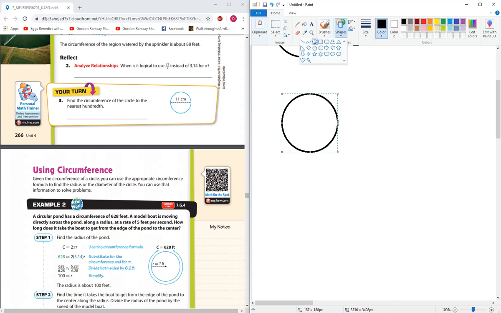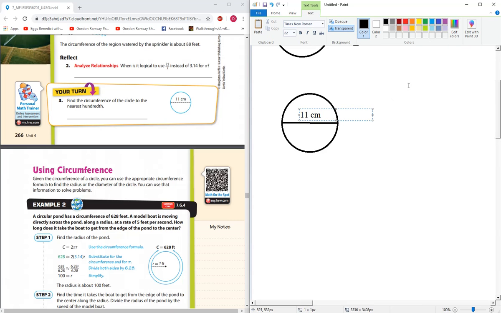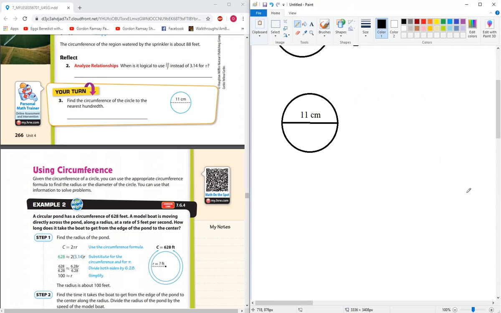So if the distance across is 11 cm, the circumference is going to be pi times the diameter, because they gave us diameter.